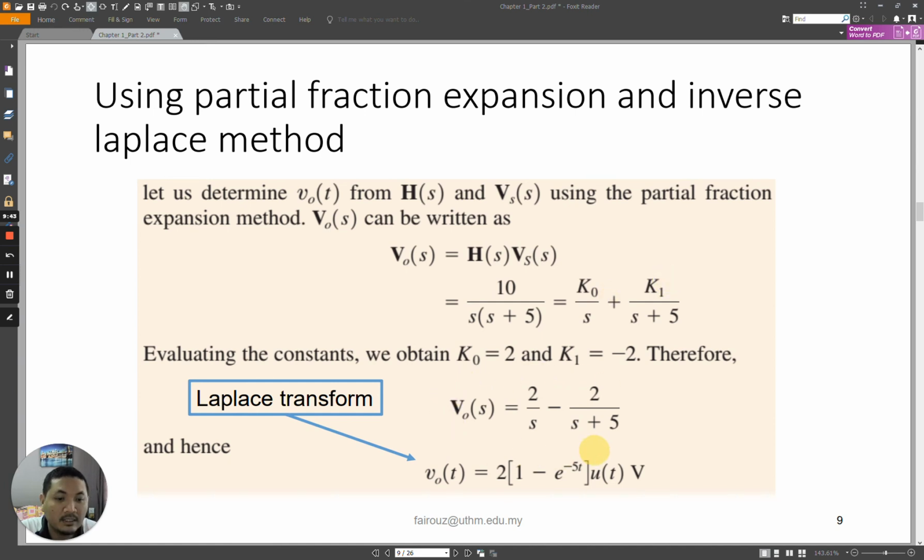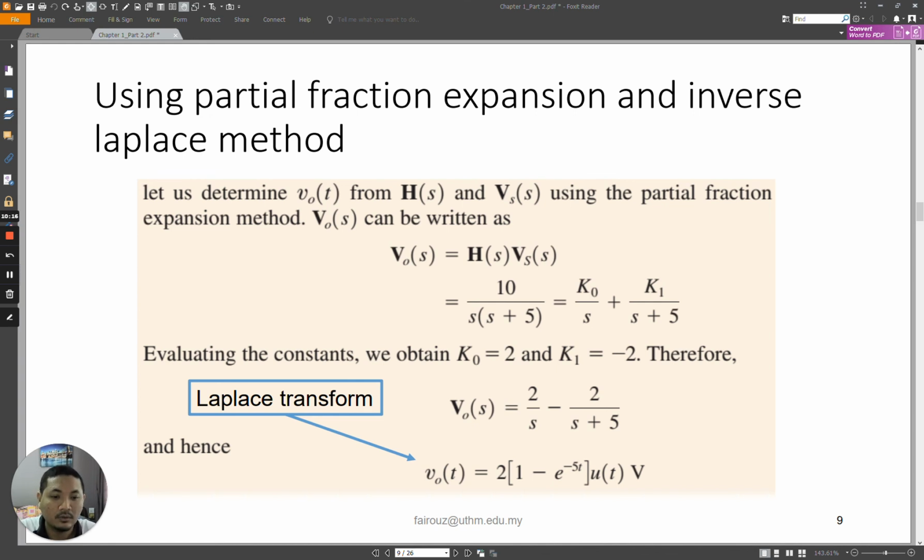This is the V out, but still in S domain. Now we need to transform this into time domain. Using Laplace transformation, this is simply referring to the Laplace transformation table, which I have provided at the end of this slide.